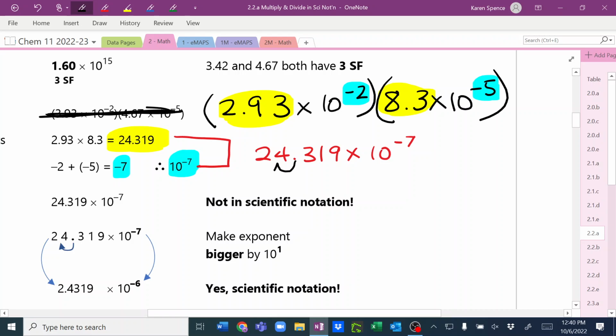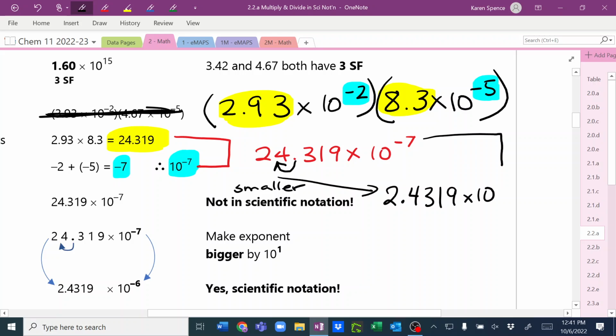One place to the left. So now we have 2.4319 times 10 to the, this got smaller. So what has to happen to our exponent? Has to get bigger. So does that become -6 or does it become -8? -6, very good, okay?